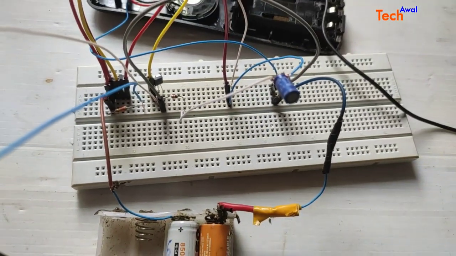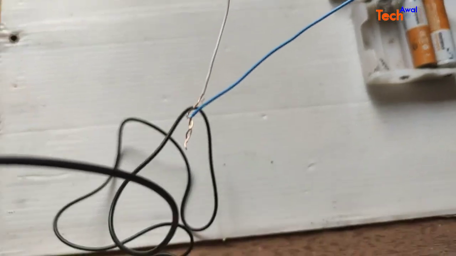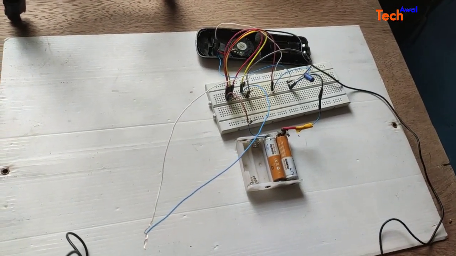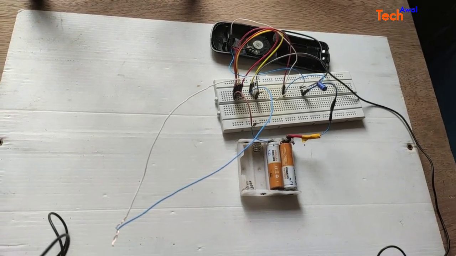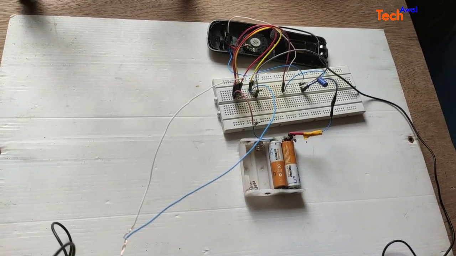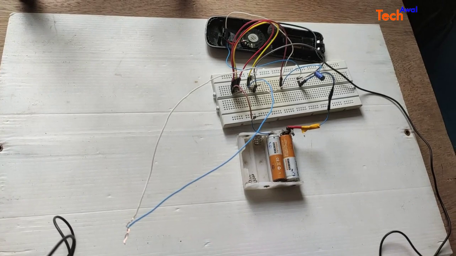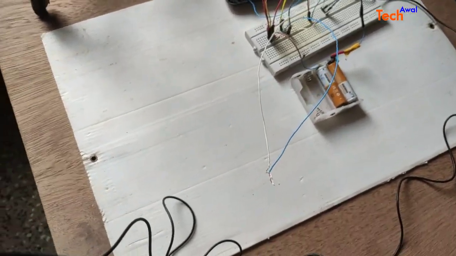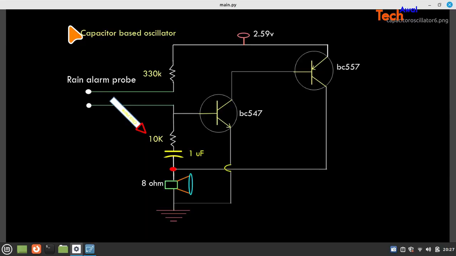Now we have a capacitor, and we can see there is a wire. So we'll check if it can behave as a rain alarm. Now we'll simulate a rain alarm.